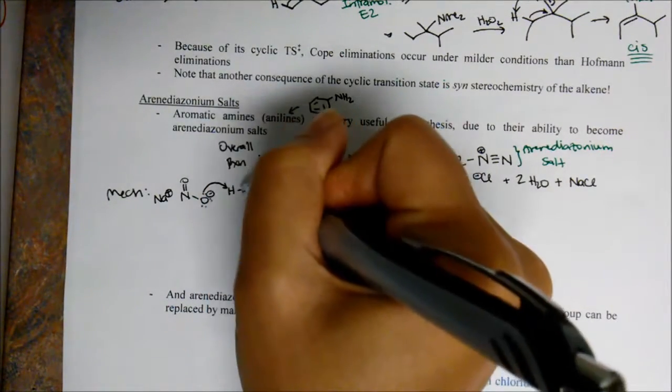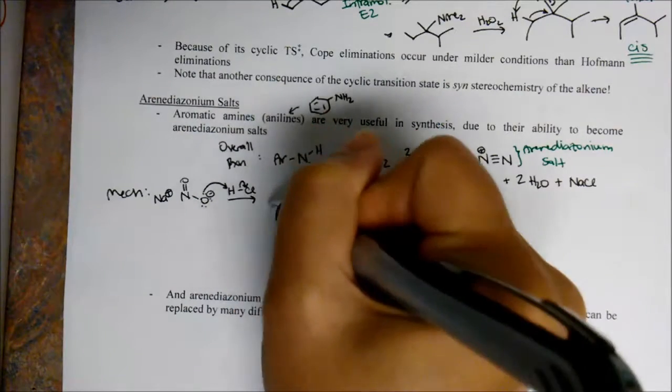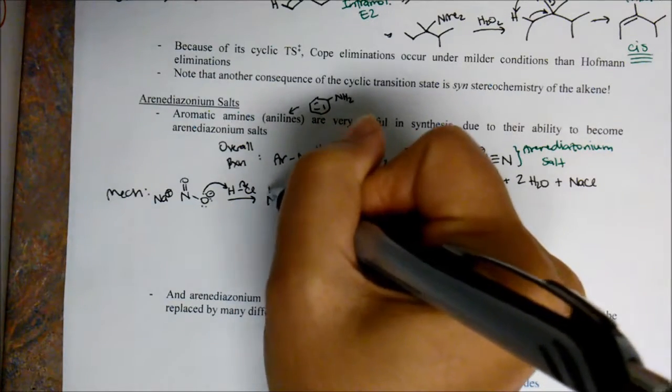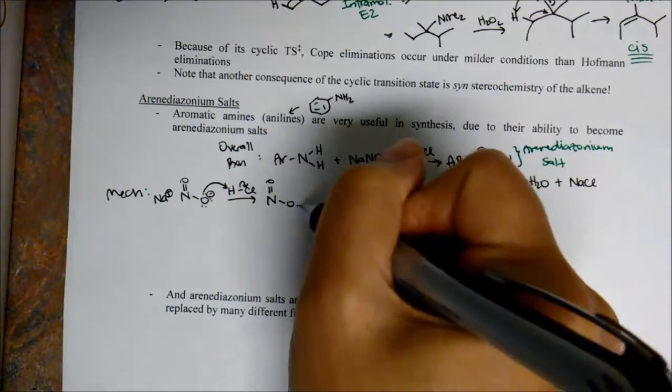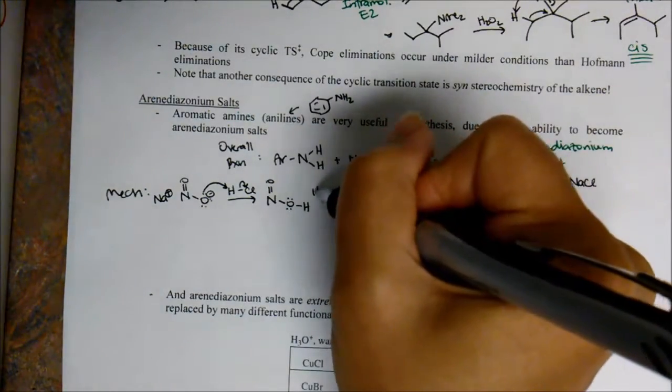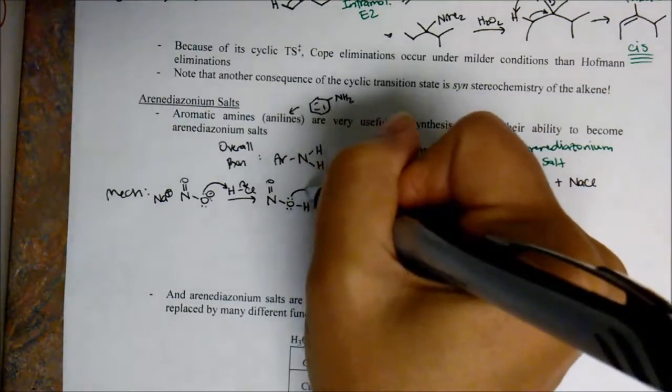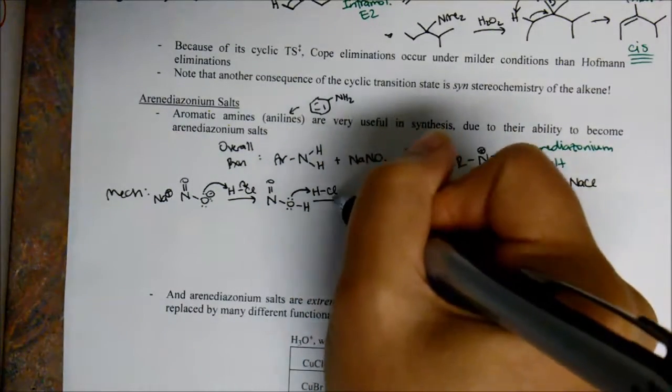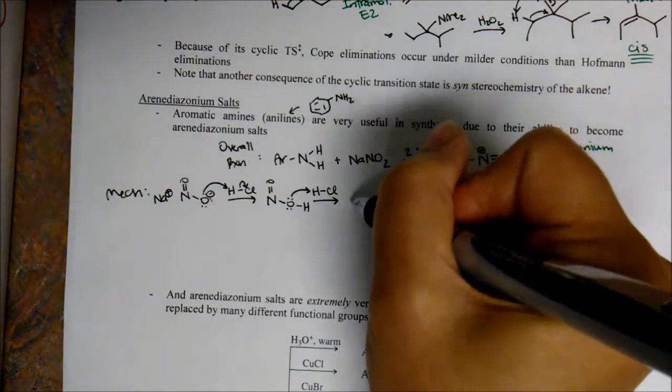The first thing that's going to happen is we're going to protonate, and actually this happens again, so we need 2 equivalents of HCl. We're going to make this a super good leaving group on here, that protonated water.